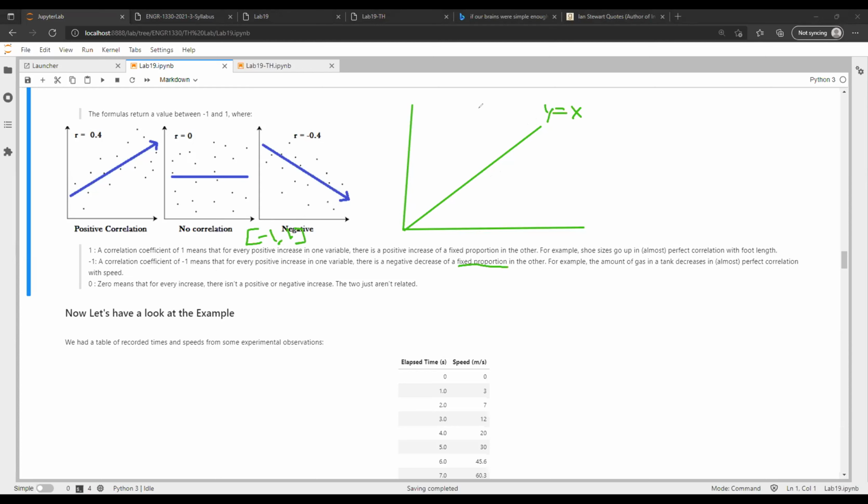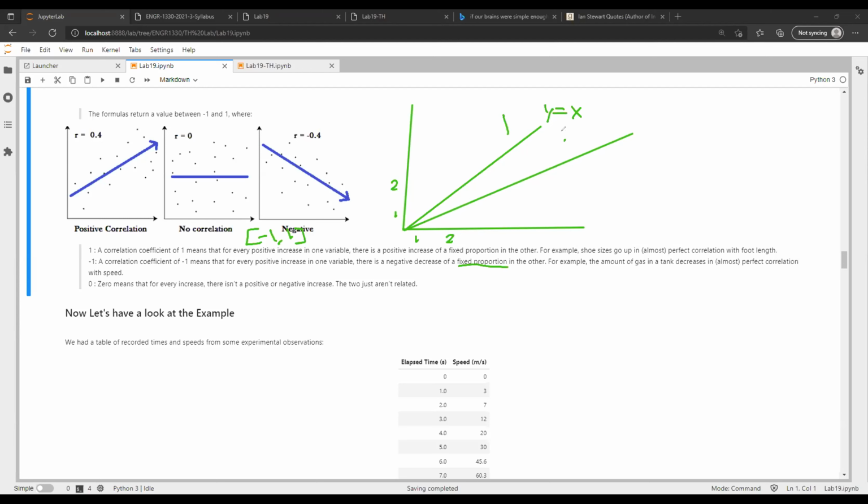The correlation coefficient here is going to be 1. If I get a value of 1, I get an output of 1. If I get a value of 2, I get an output of 2. Now I've got another line here. It's still a positive correlation. The correlation coefficient for this line, I don't really know what it is.